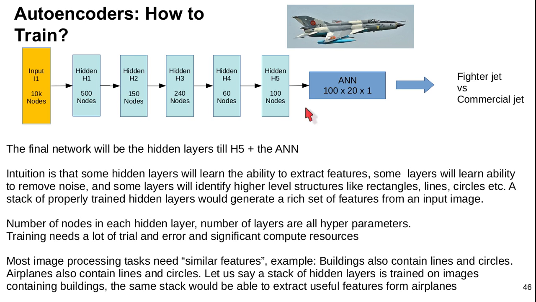It's not necessary to train these stacks on images of fighter jets. The same stack would be able to extract lines, circles, rectangles, and so on from fighter jets as well, and also from commercial jets. So we can use the same stack as a means to extract useful features for commercial jets, for fighter jets, and for natural images.